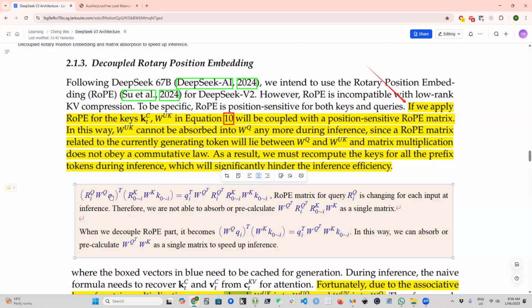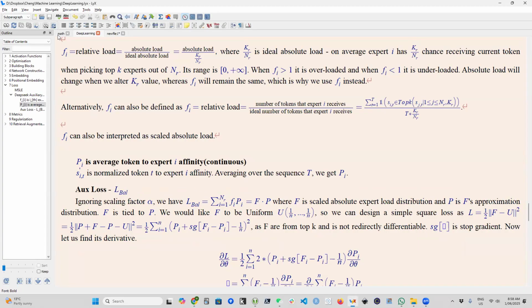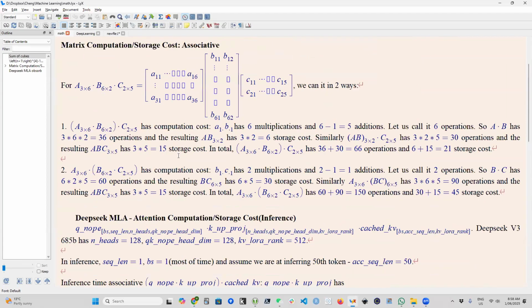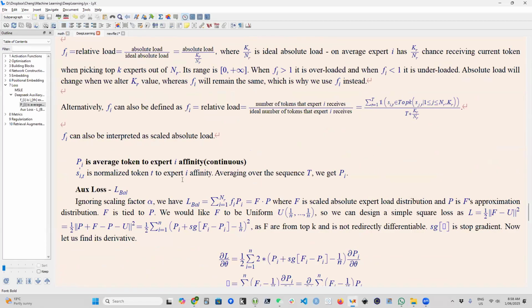Q is the input vector, it should be X. Let me change it a little bit.